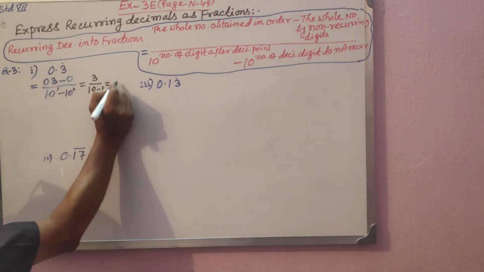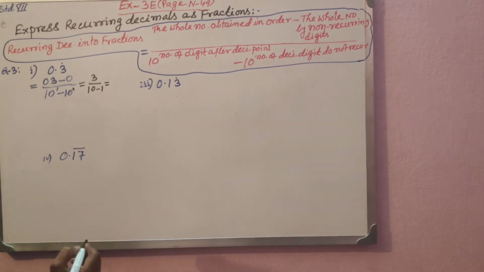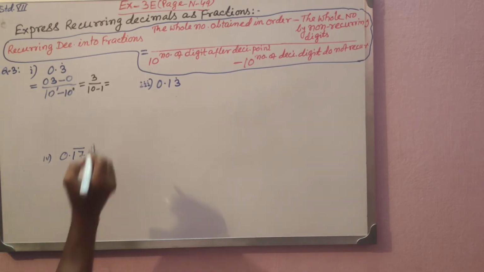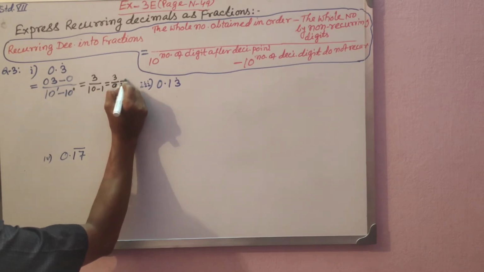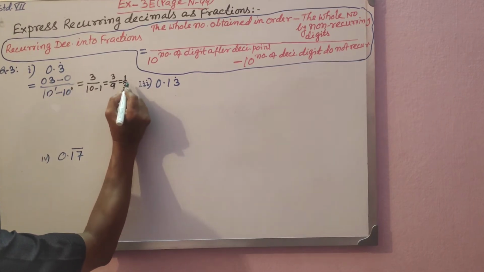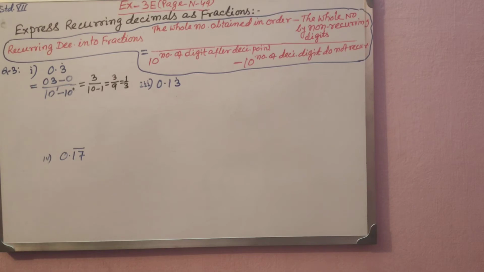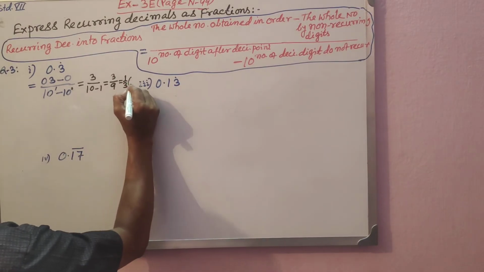So the answer will come like 3 by 9, which is equal to 1 by 3. 1 by 3 will be the answer. You see, 1 by 3 is the answer.